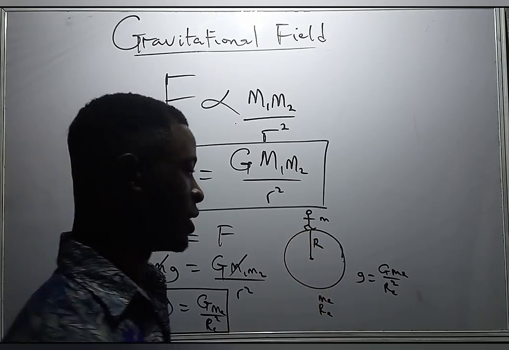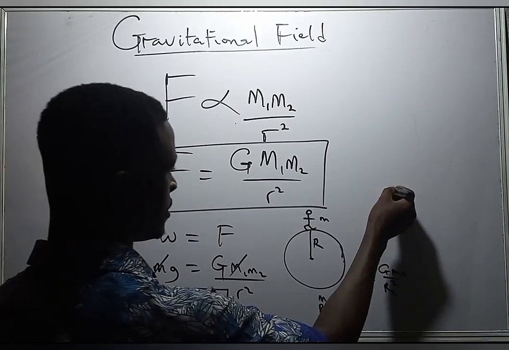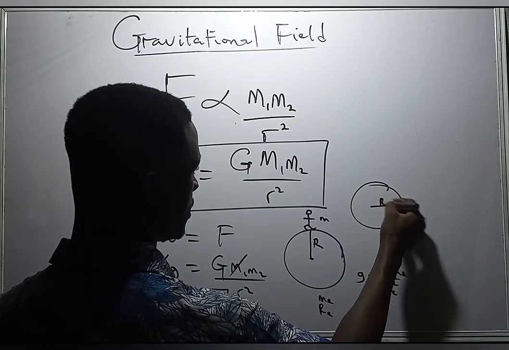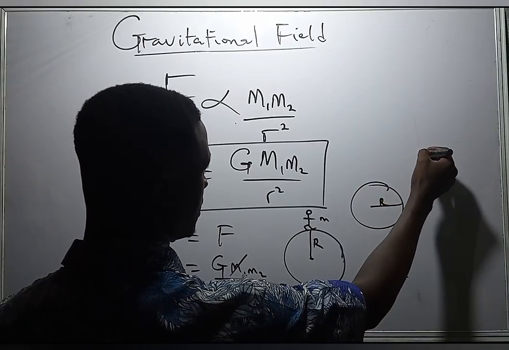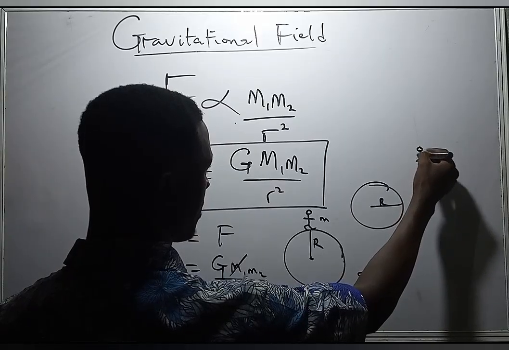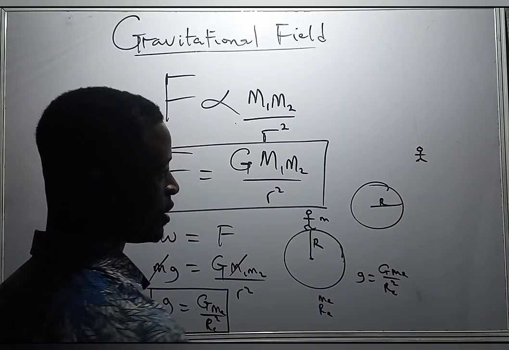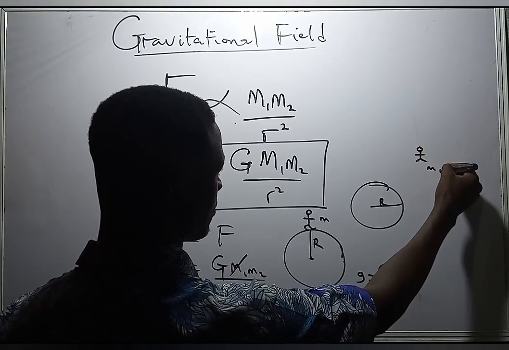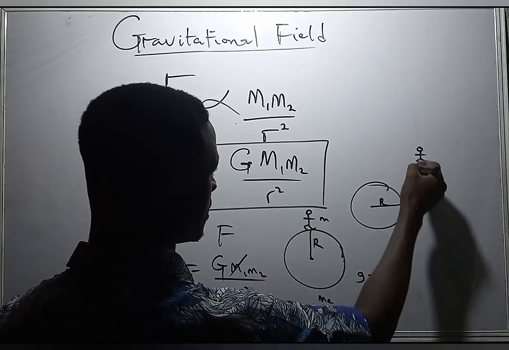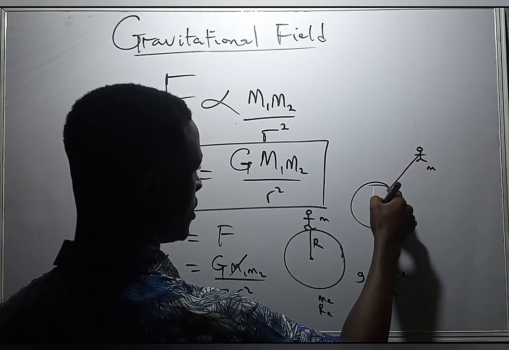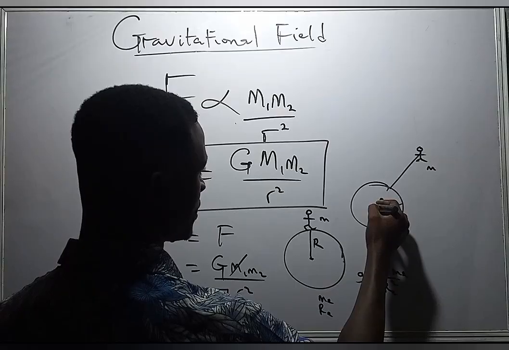But let us assume that this is the Earth with its radius, and an individual is above the surface of the Earth like this. Remember that this individual has his own mass, and there is a distance between this particular person and the center of the Earth.